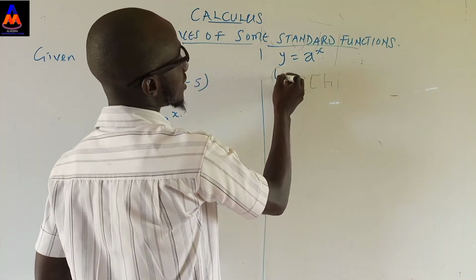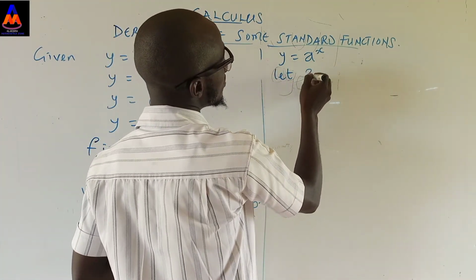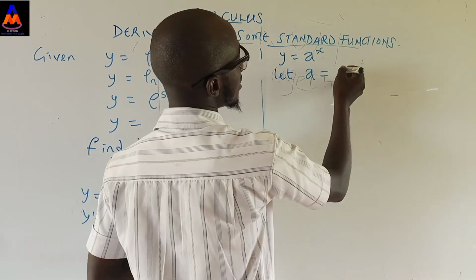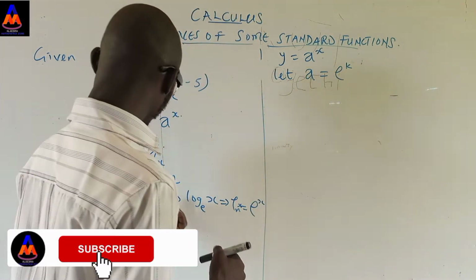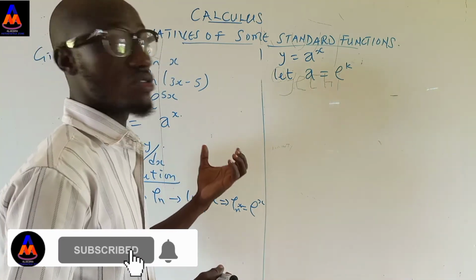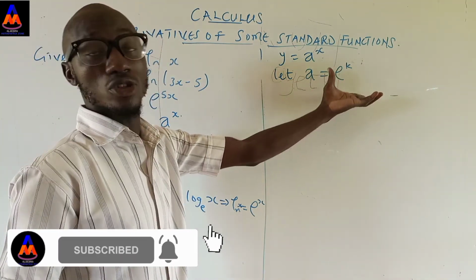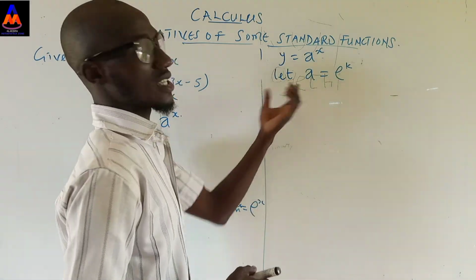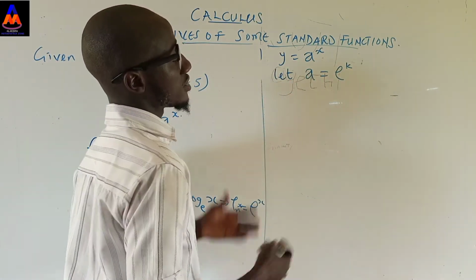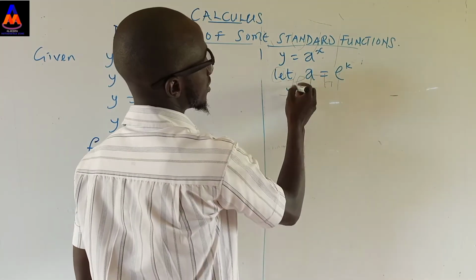Now, let the base a equal exponential k. Exponential was the basic type of expression that can look like this. But now we have it as a, so let's take it back to the genesis.